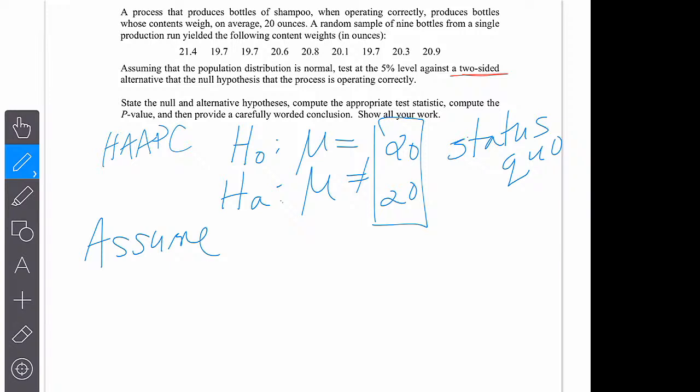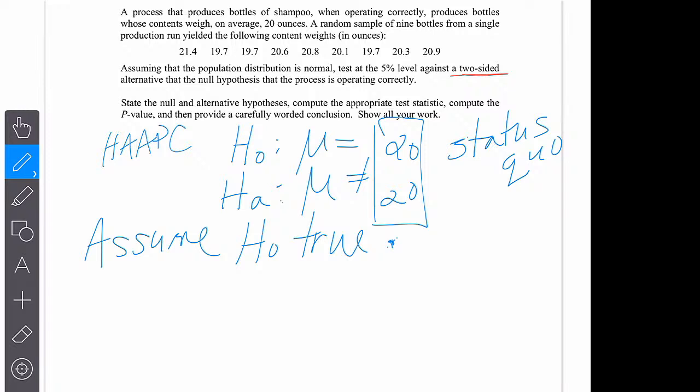In this case, we're going to assume H not is true, and then we are going to proceed to check in a sample if the sample accords with or supports our result.